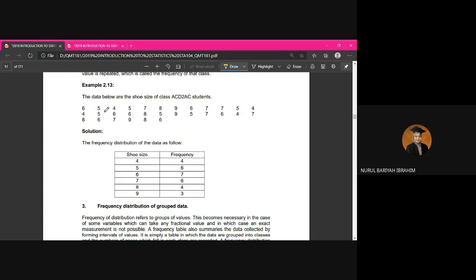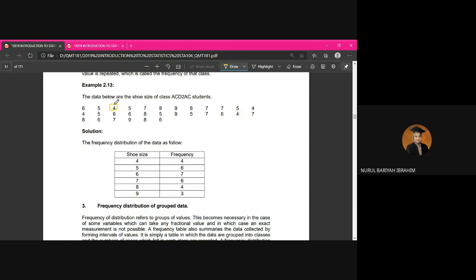Okay, so shoe size ini adalah number shoe size. So you need to list down. We need the two column, which is the name of the variable and its frequency, and then list down all the category ataupun classes that we have here. So kat sini shoe size yang ada adalah 4, 5, 6, 7, 8 and 9, and then count the repeating number of 4.